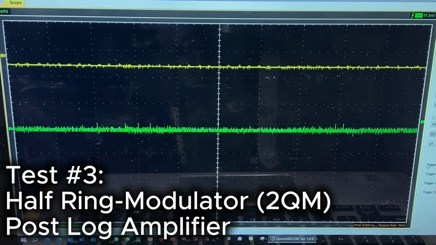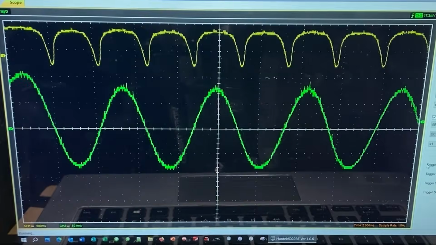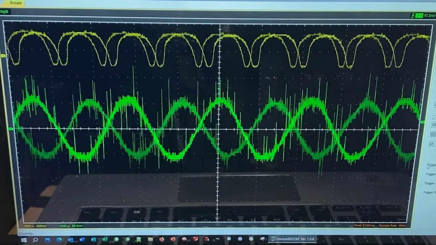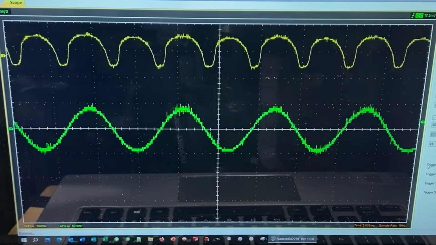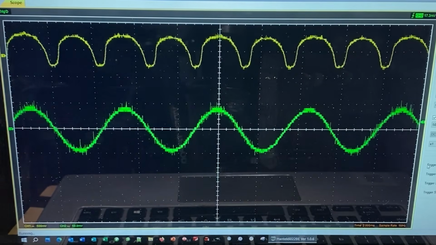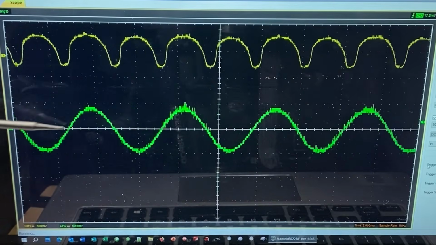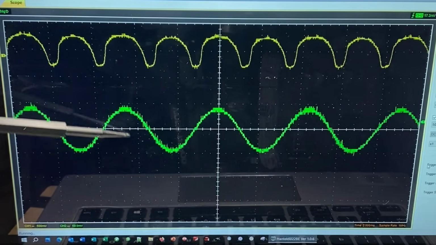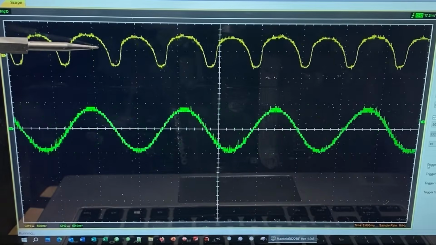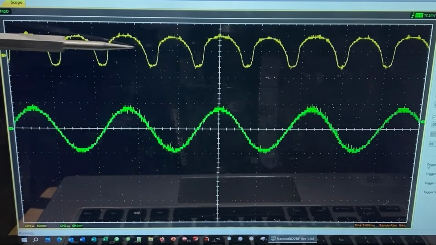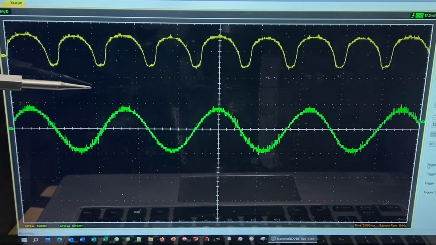All right, over at the oscilloscope. So you can see my input waveform coming in here. This is 220 hertz. It is going through my half ring modulator, so it's going through the two diode pairs.